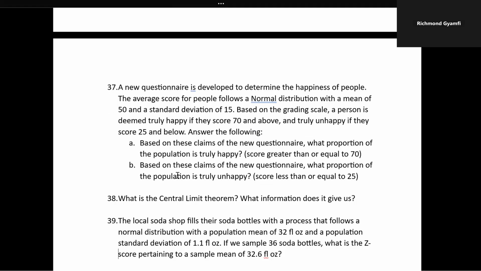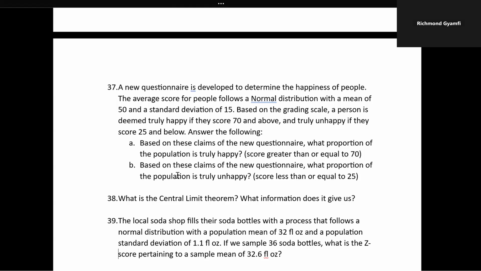Okay. So in 37, a new questionnaire is developed to determine the happiness of people. The average score for people follows a normal distribution with a mean of 50, a standard deviation of 15.